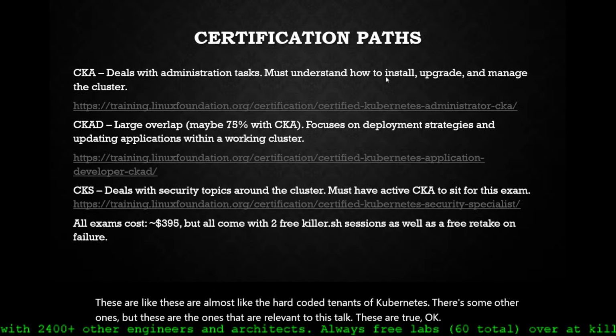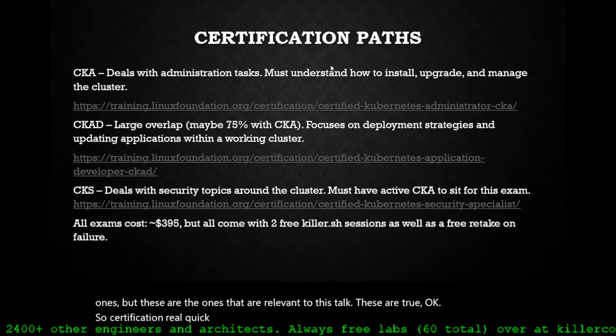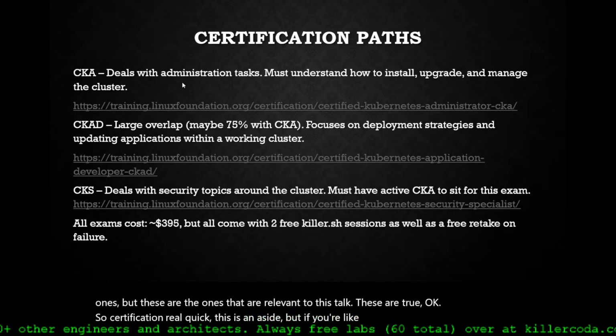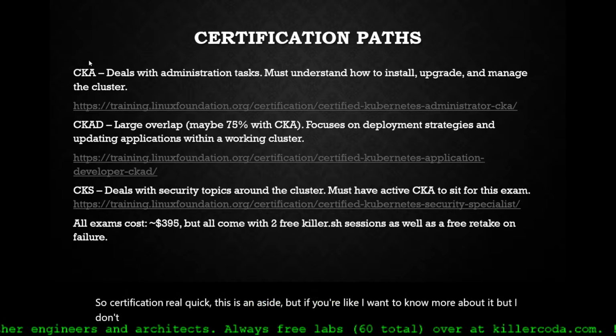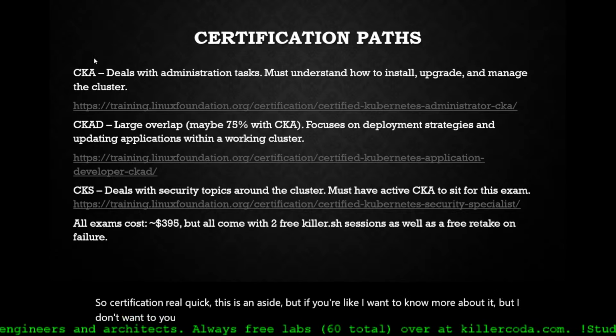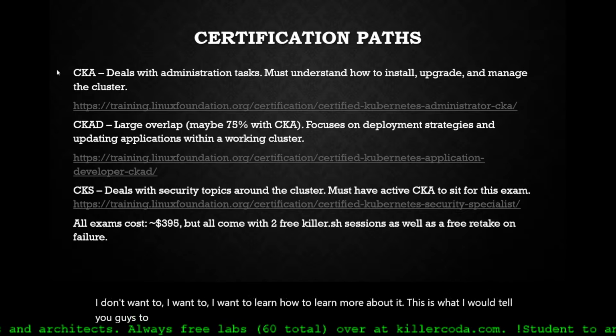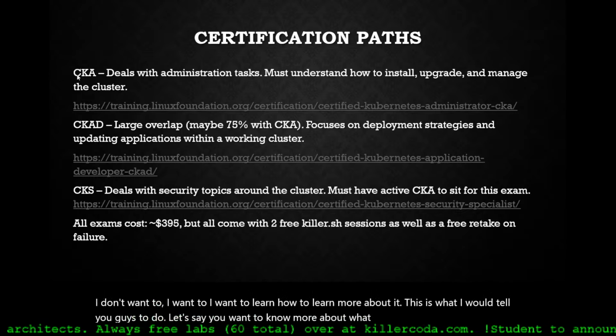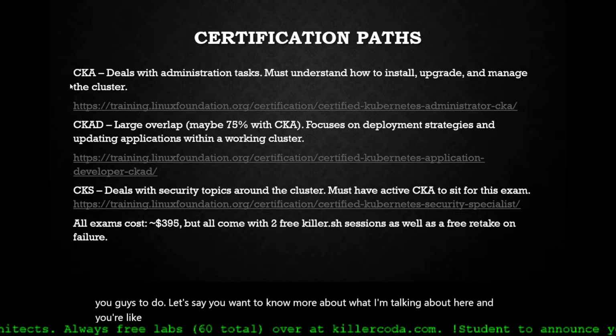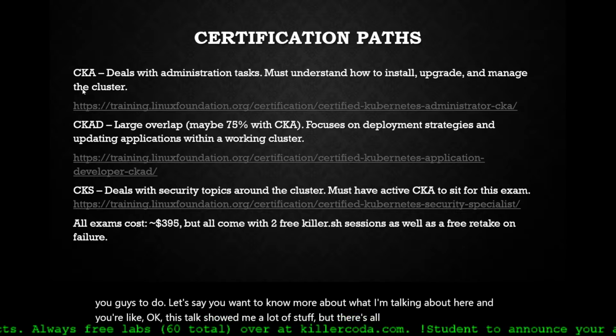So, certification real quick. This is an aside, but if you want to know more about it and want to learn how to learn more about it, this is what I would tell you to do. Let's say this talk showed you a lot of stuff, but now there are all these gaps, and you took all these notes.